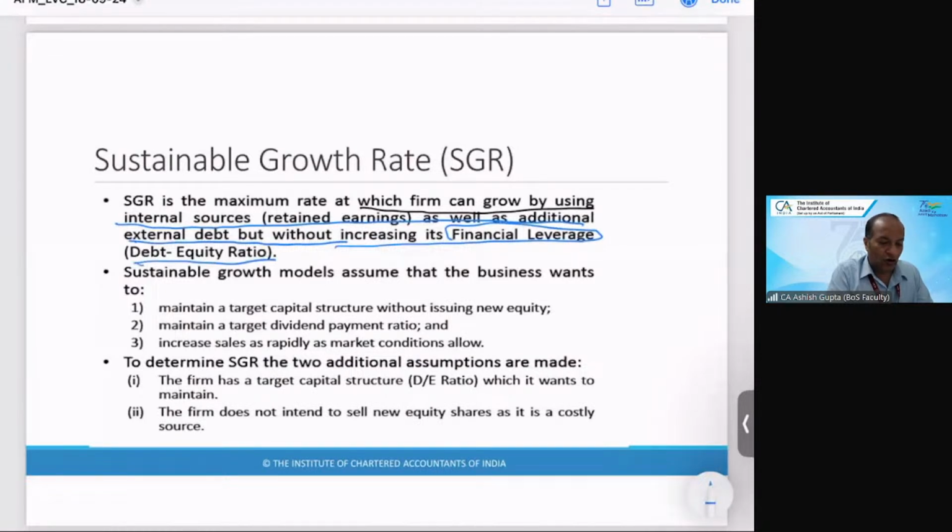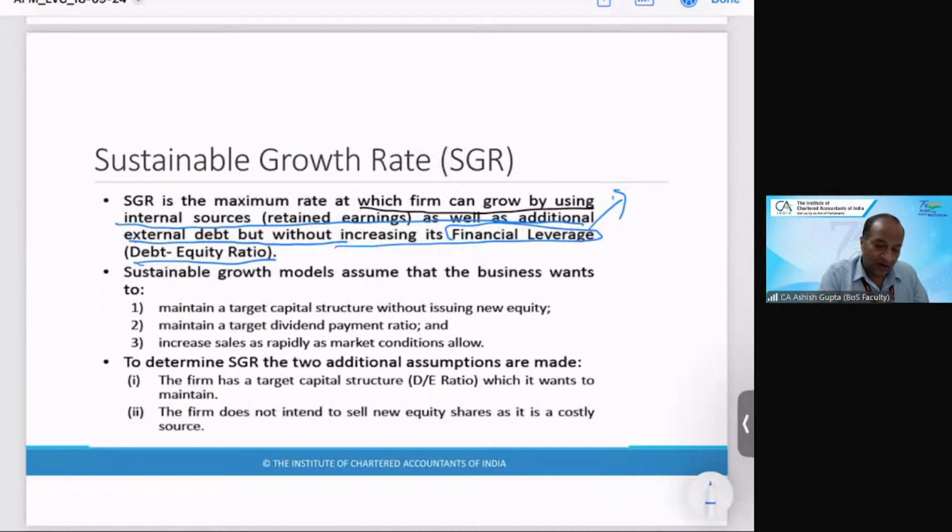Now, students, you have heard the term financial leverage, and you may have gained knowledge about it at your intermediate level. What is financial leverage? Basically, it is the inclusion of debt in the capital structure.